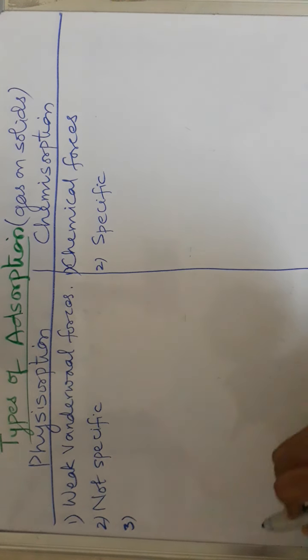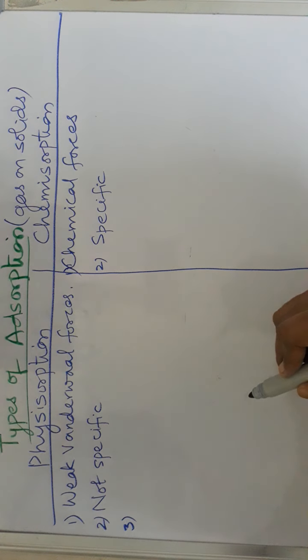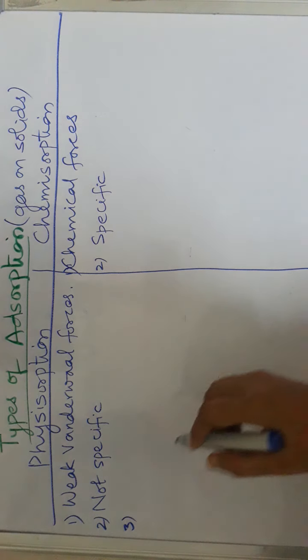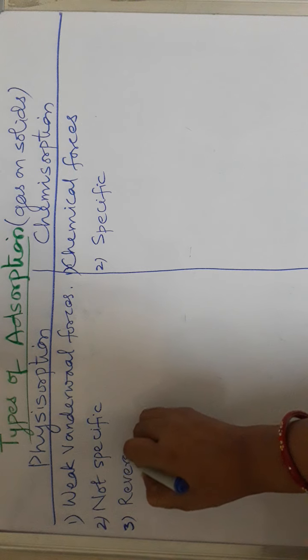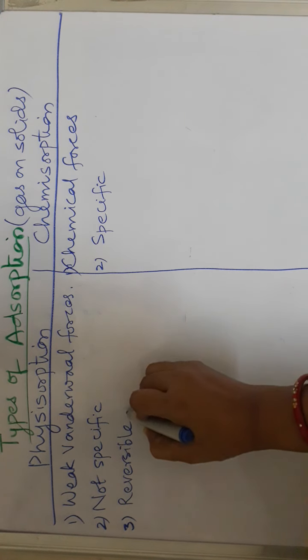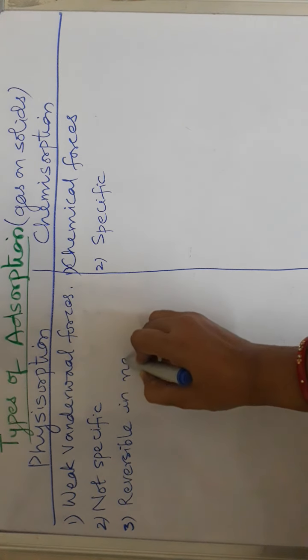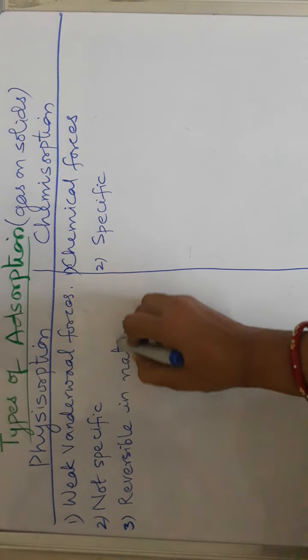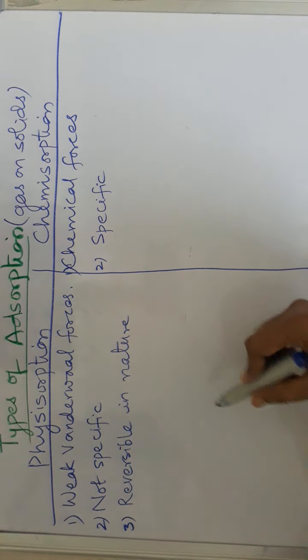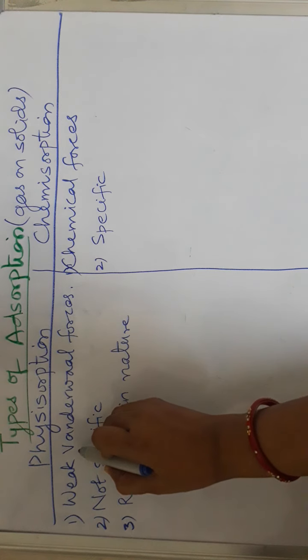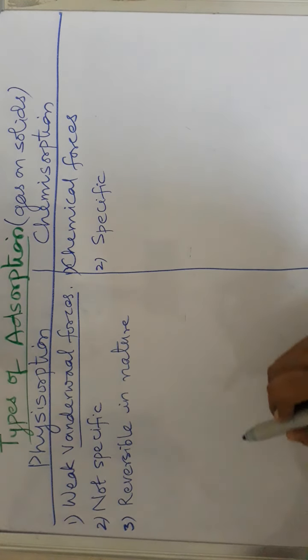Another difference between physisorption and chemisorption is that physisorption is reversible in nature. As you understood, the force of attraction between the adsorbent and adsorbate here is weak van der Waals forces.